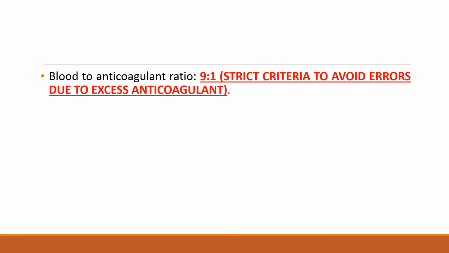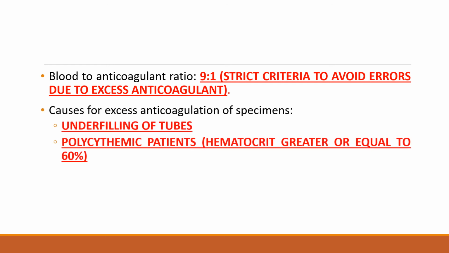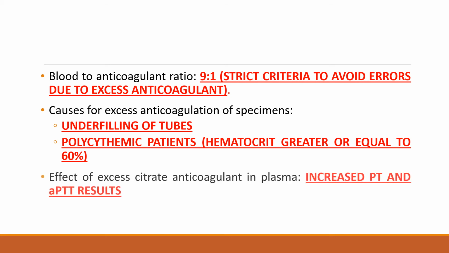The blood to anticoagulant ratio is 9:1. This is the strict criteria that must be observed to avoid errors due to excess anticoagulant. Causes of excess anticoagulant in specimens are the following. You have underfilling of your tubes or short draw. You also have patients who have polycythemia vera or individuals who have hematocrits greater than or equal to 60%.